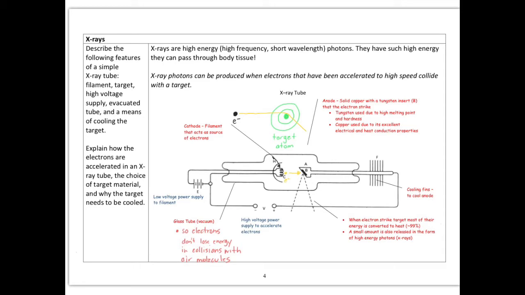We know energy must be conserved, so if the electron loses energy, it must go somewhere, and that energy can be released in the form of a high energy X-ray photon.